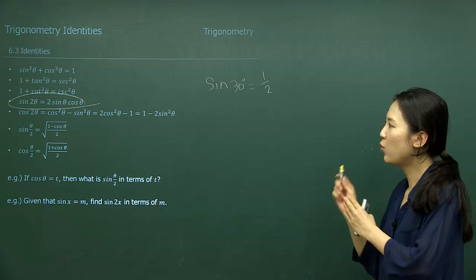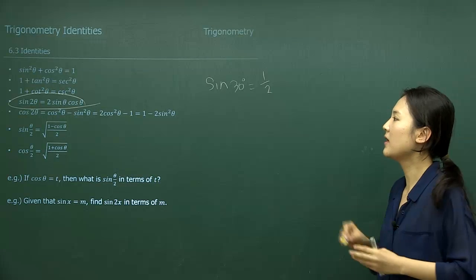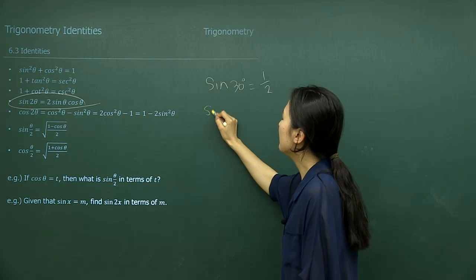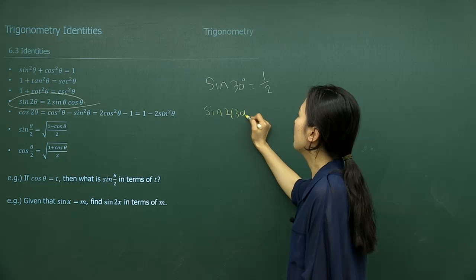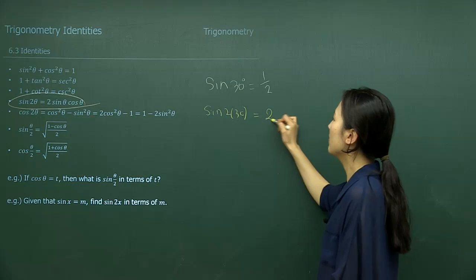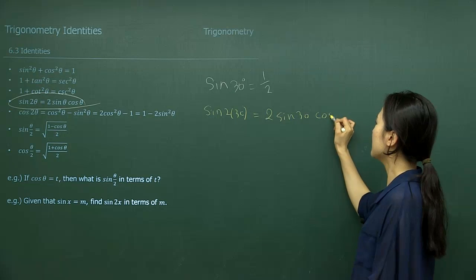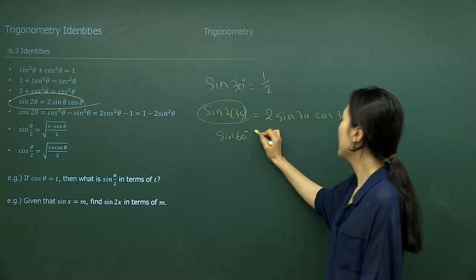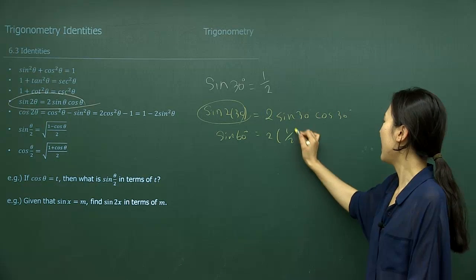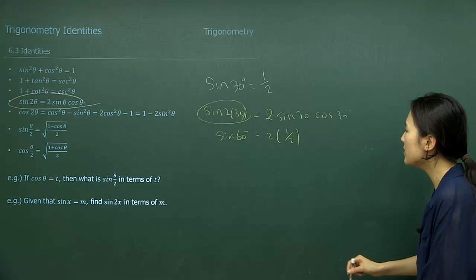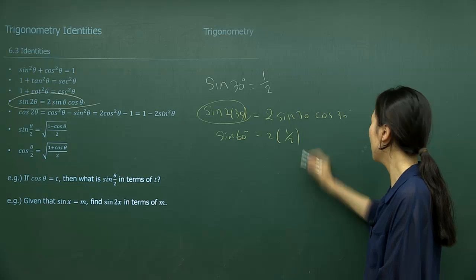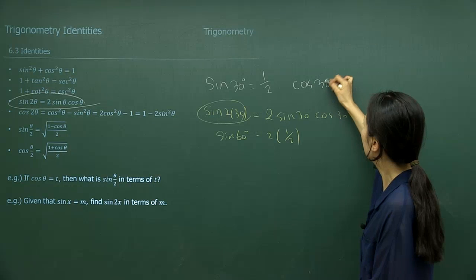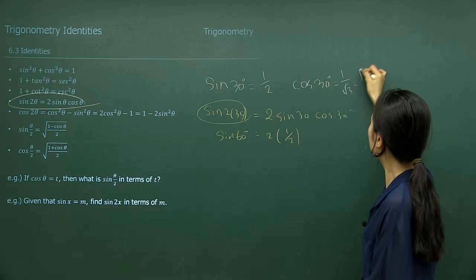It says sine of twice the angle is equal to 2 times sine of the angle and cosine of the angle, which means technically if you have sine of 2 times 30, which is 60, it should equal 2 times sine of 30 and cosine of 30 degrees. And sine 30 equals 1/2. Do you remember what cosine of 30 was? Cosine of 30 degrees was equal to root 3 over 2.